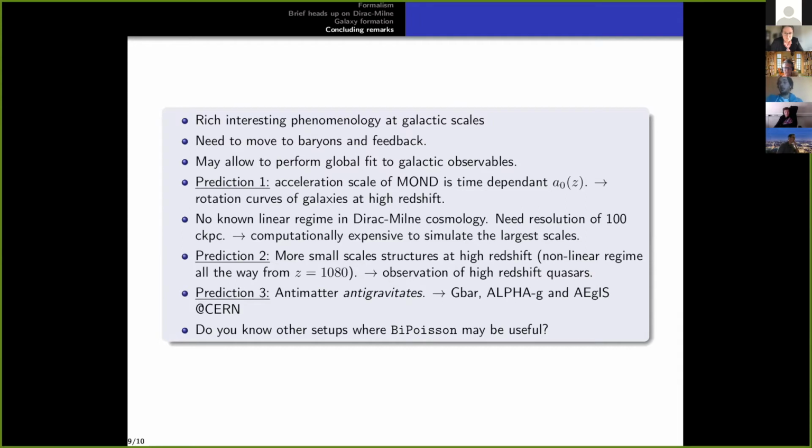And finally, the biggest assumption, the thing everybody is crying about, is that antimatter antigravitates, and some people, particle physicists, are looking at that in CERN. So this model is more futuristic in the sense that those experiments are, I think, running now. I didn't check the latest, but they should be running in the next year for sure. They have some results.